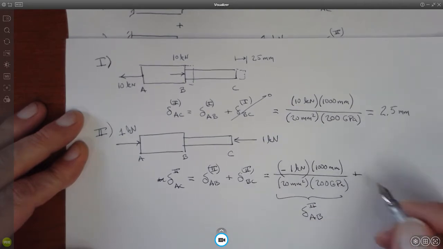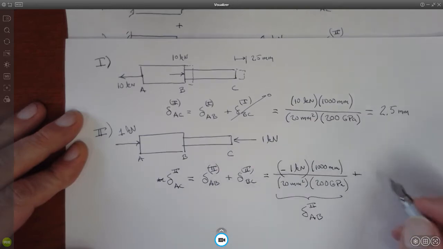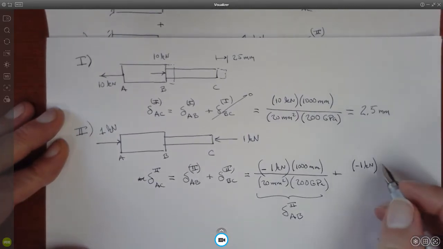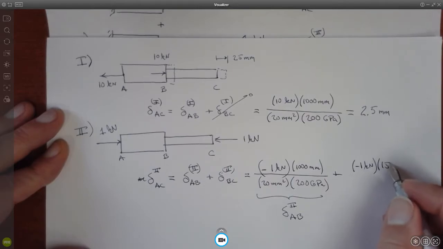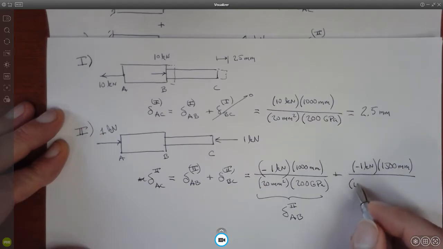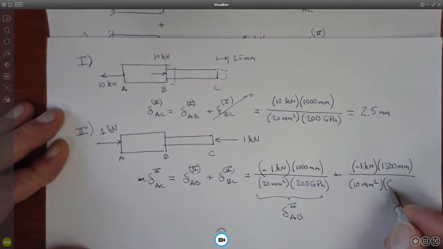And then for BC, its internal force is also 1 kilonewton in compression, so I put the negative there. Its length is 1,500 millimeters, over its cross-sectional area, which is 10 square millimeters, and 200 gigapascals is Young's modulus.